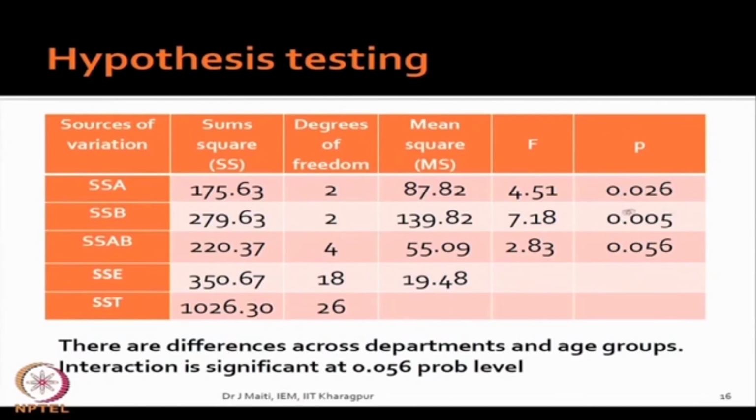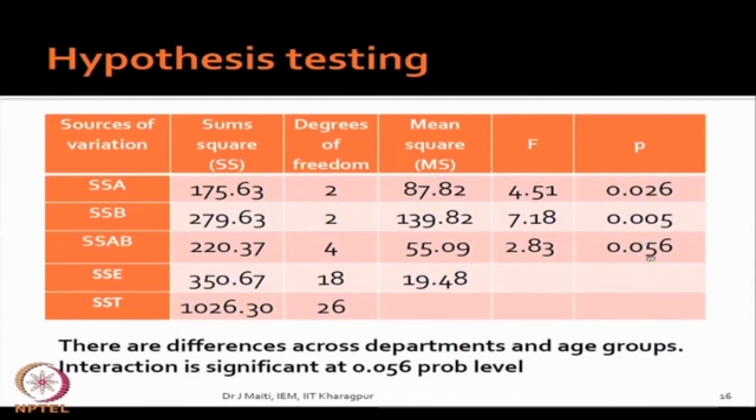Second one is also less than 0.05, but third one is not less than 0.05. So, if you consider alpha equal to 0.05, that means 95% confidence or 5% significance level, then your A and B effects are significant, whereas interaction effects are not significant.